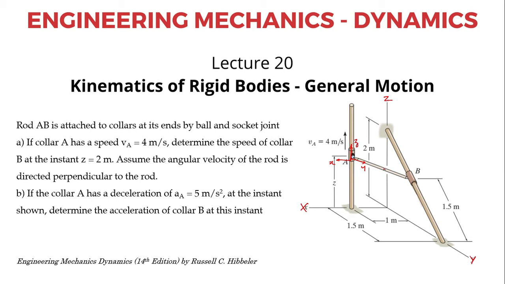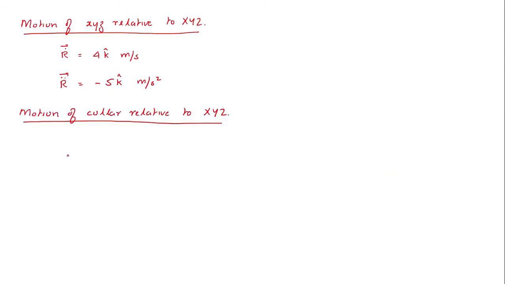That is why we use the first case, when omega is equal to omega bar, for solving this problem. So I can say v vector will be equal to r dot vector plus omega vector cross rho vector. Now let us analyze each of these terms here.